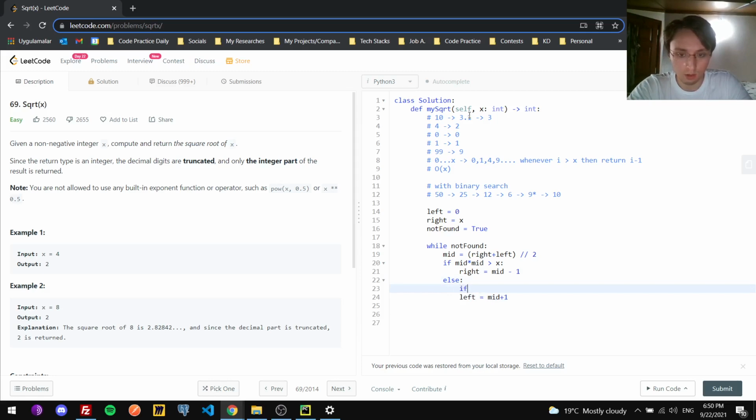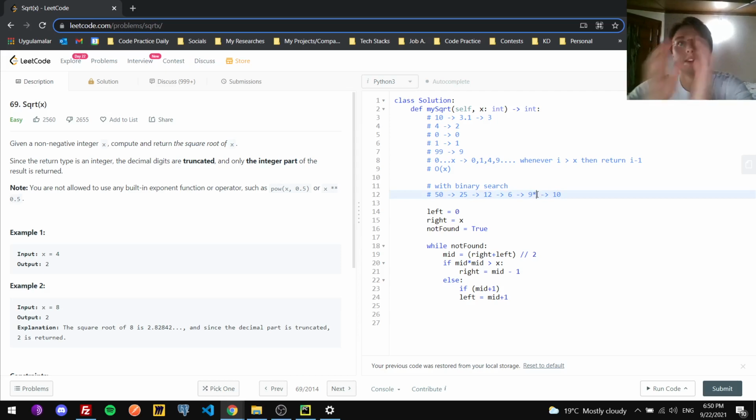And we also have to check here if the mid plus 1, so the condition I'm writing will be checking if the next number is greater than our current number, then we found our number.